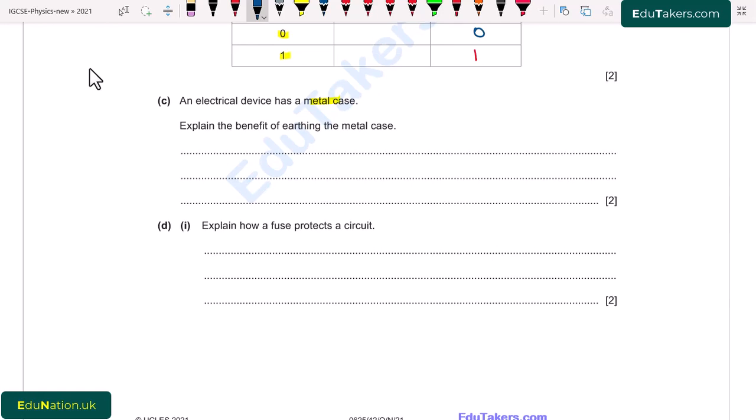So I write here earthing prevents electrocution if live wire touches metal case.